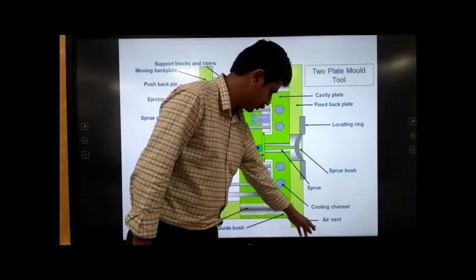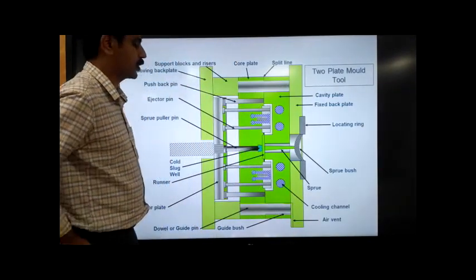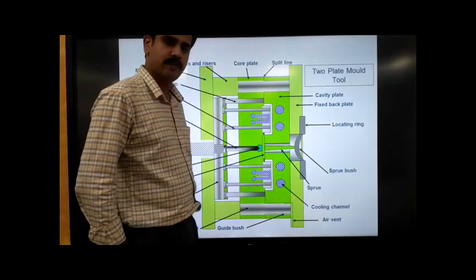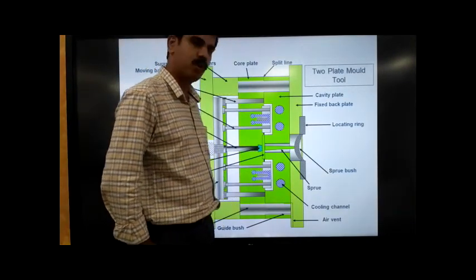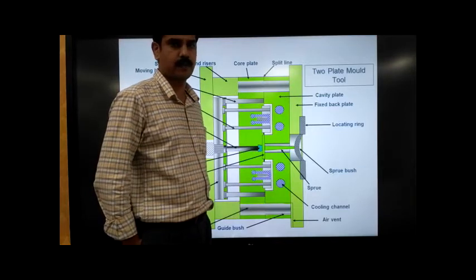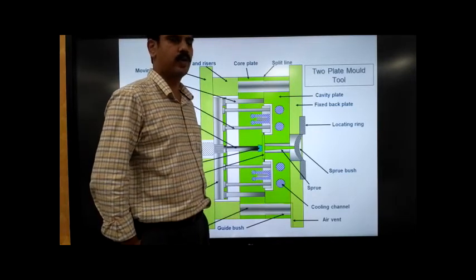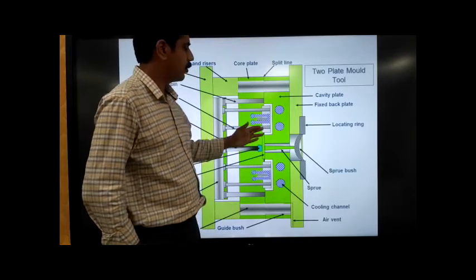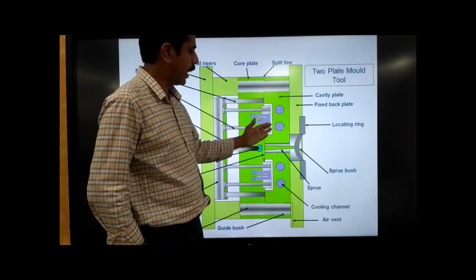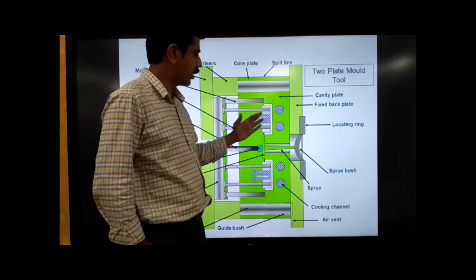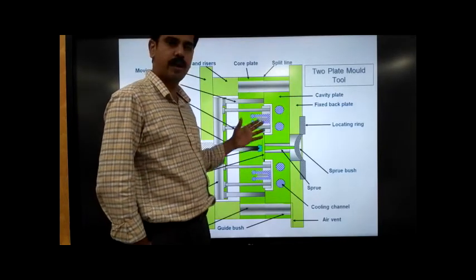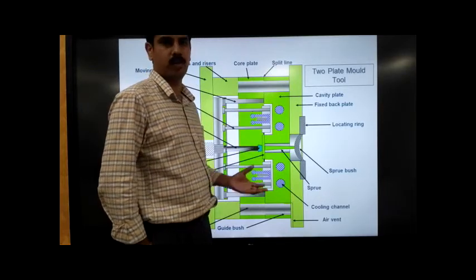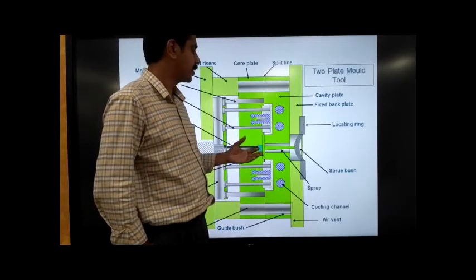We also have air vents. What is the function of the vents in the injection molding process? The process of injection molding is done in a closed mold. That is very important. In a closed mold, of course, we will have air. So when the material comes in, there is air inside. If the air remains inside the mold, it is very difficult for the plastic to enter the impression precisely.